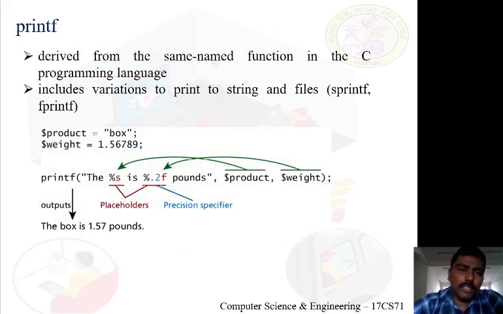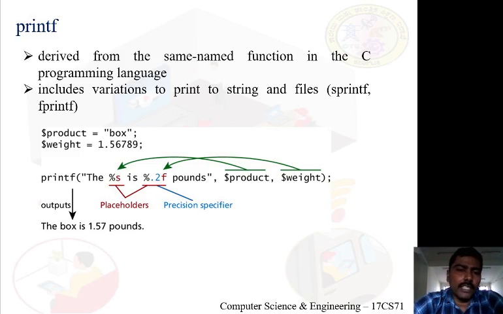Now printf, there's one more. Sometimes I want to generate a formatted output, like in C++ we have printf, right? We use %d, %f, %s, which we call placeholders. Same way, to generate a formatted output, PHP supports a statement known as printf.